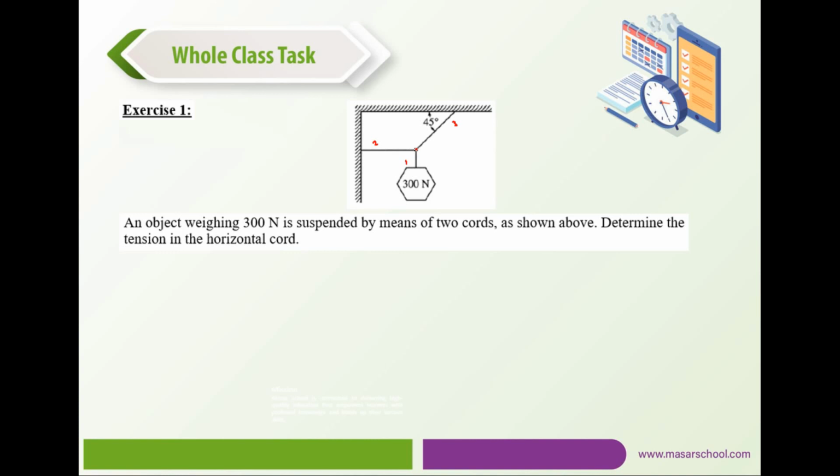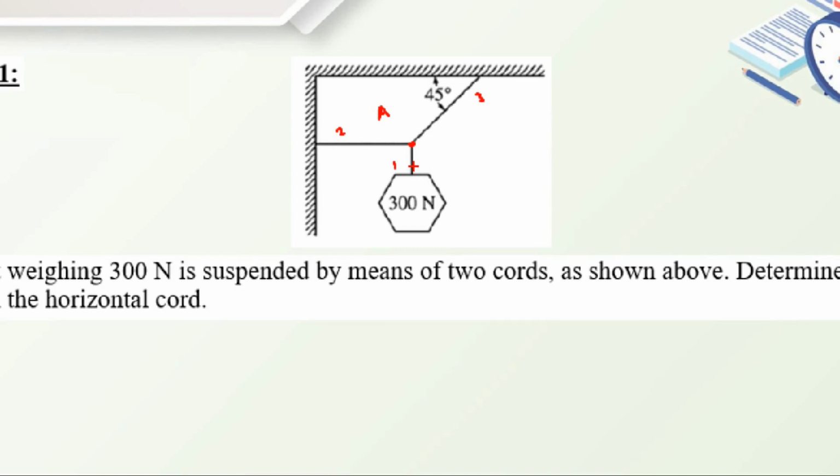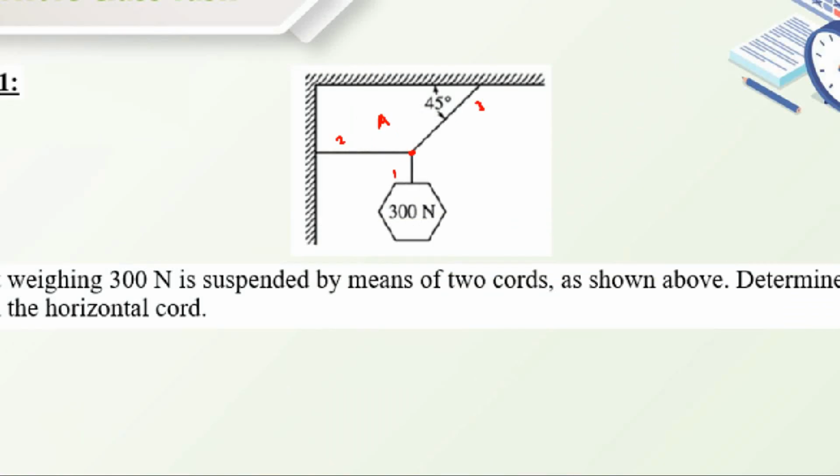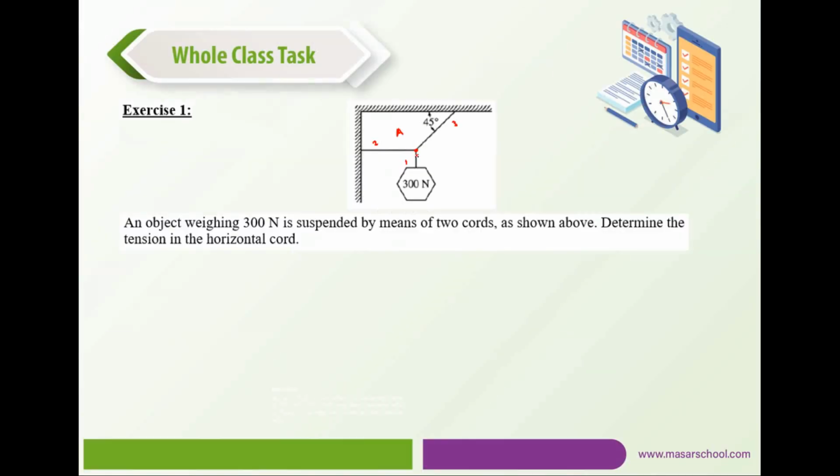So let's suppose this is the point A, and here we have string 1. At point A, because the tension always points away, we have a tension T1 pulling down. At 2 we have a tension T2 pulling away from A to the left, and at 3 we have a tension T3 pulling away from A, like that.